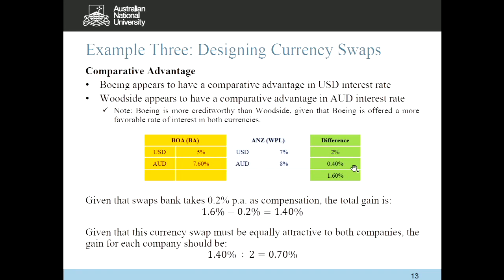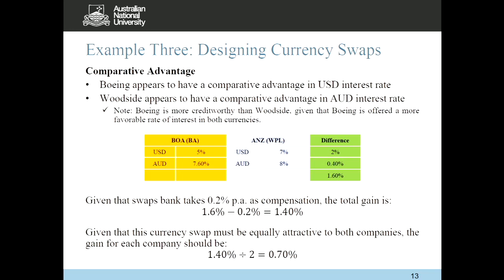But the gap is smaller in the Aussie dollar for Woodside Petroleum, right? Because Woodside Petroleum is able to access an 8% Aussie dollar borrowing rate, and Boeing is able to access a 7.6% Aussie dollar borrowing rate. So the difference is only 40 basis points. In other words, Woodside Petroleum has a comparative advantage in Aussie dollar.